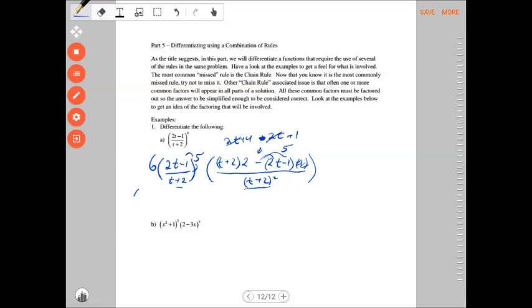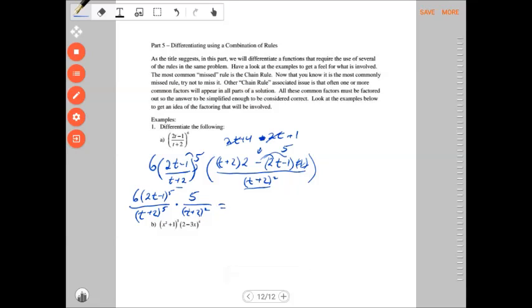We're going to write it like this: 6 times 2t minus 1 to the 5th over t plus 2 to the 5th. We're going to separate that fraction out, times, remember this was just a 5, over t plus 2 squared.